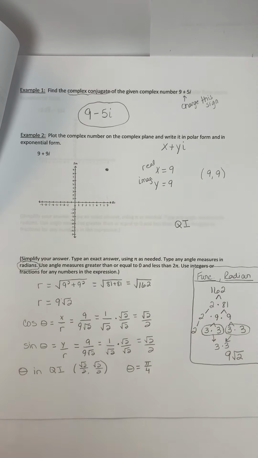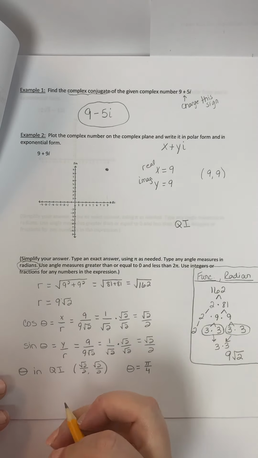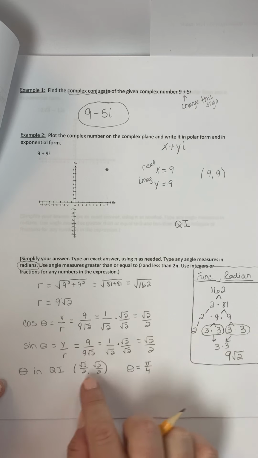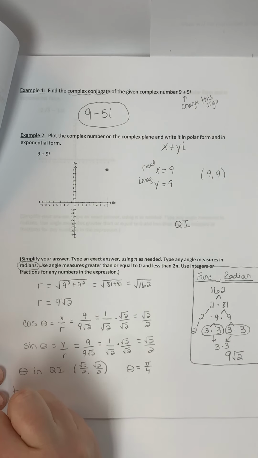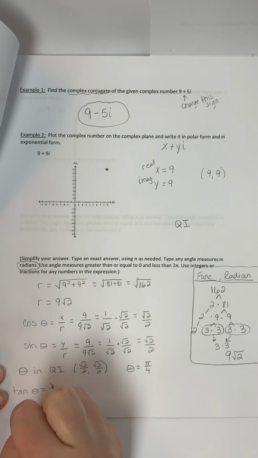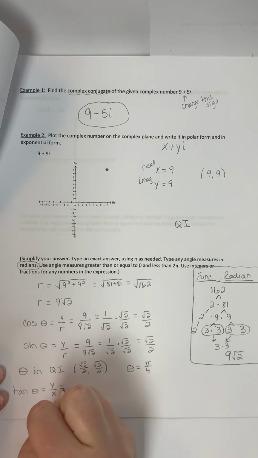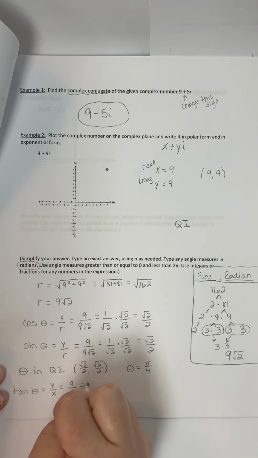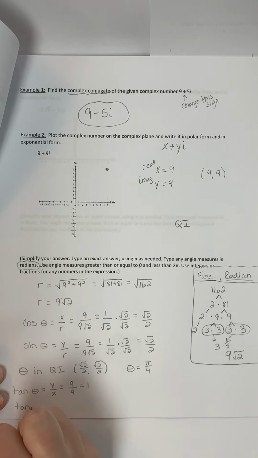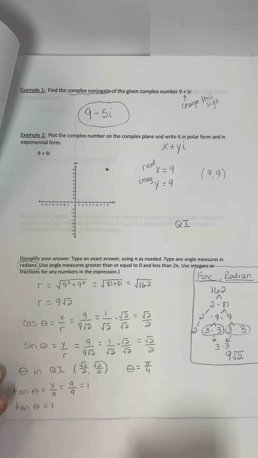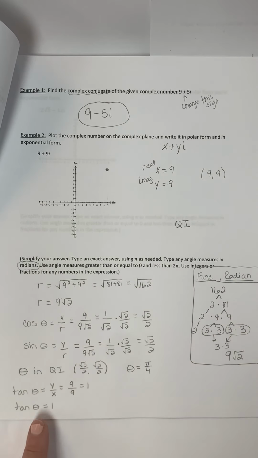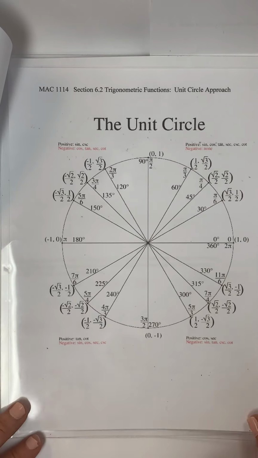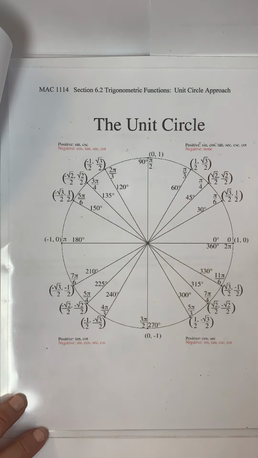Now, rather than doing it this way and looking at a point, the book would like for you to use tan theta, which is y over x. If I do that, I see that that's 1. So they like for you to think a little more abstractly. They would like for you to go into quadrant 1 and find where tangent equals 1. Well, remember, tangent's not explicitly on here.